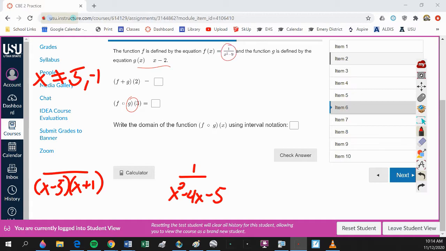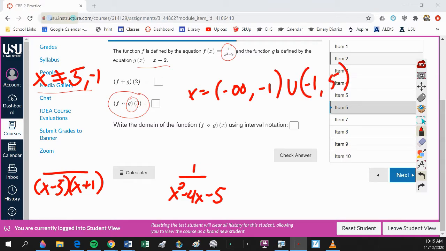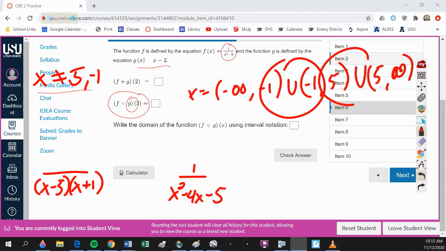We don't worry about that, but we do need to look at the domain restrictions of this, which would be that, and in interval notation, x equals everything from negative infinity to negative 1, union with negative 1 to 5, union with 5 to infinity. Basically everything except negative 1 and 5.